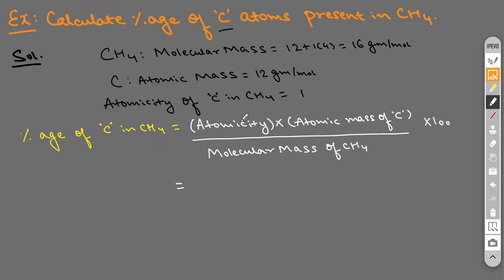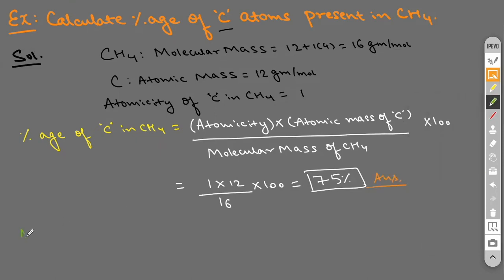Now simply putting the values, so this is 1 atomicity, atomic mass of C is 12 gram per mole and this is 16 gram per mole multiplied by 100. On solving it will come out to be 75%. So this is the answer.